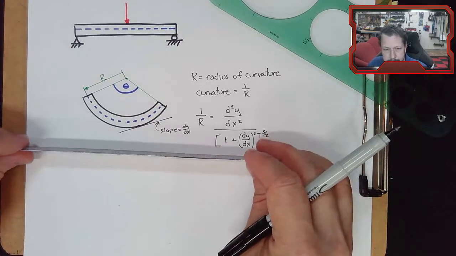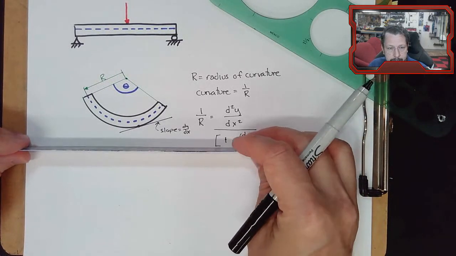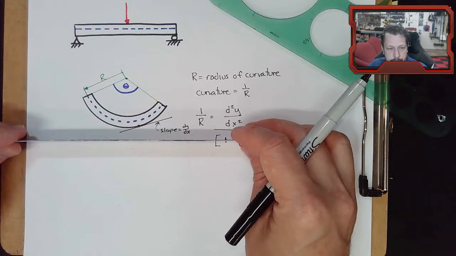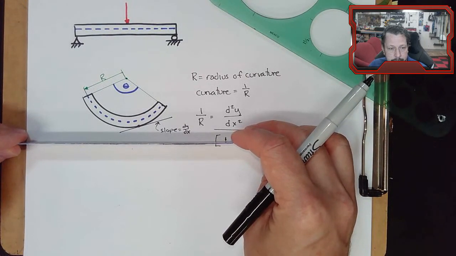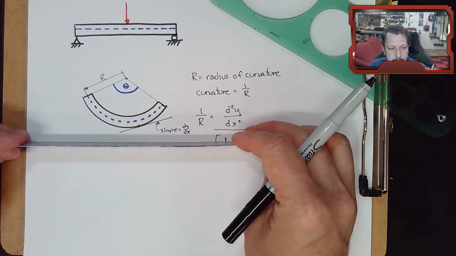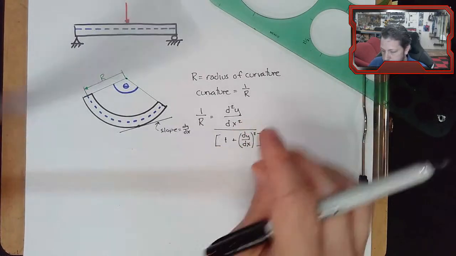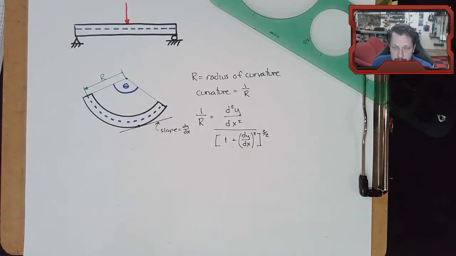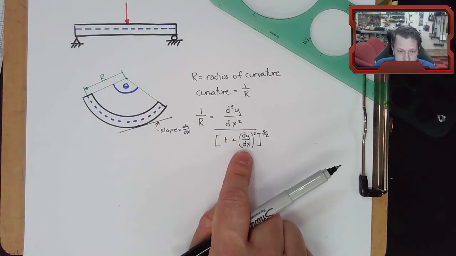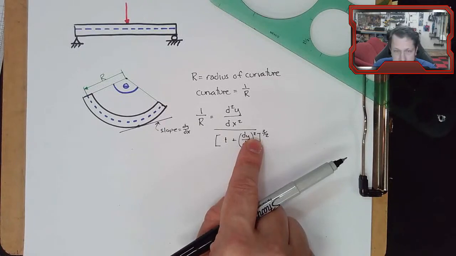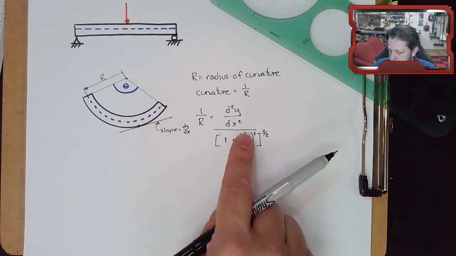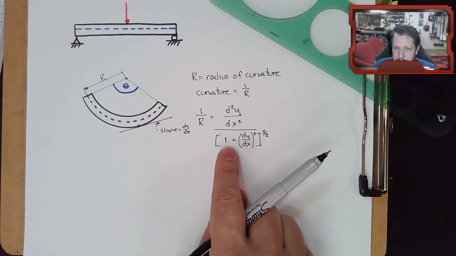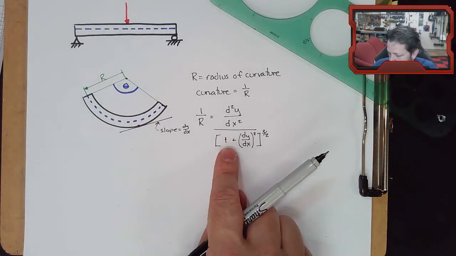If this is your beam, it might have gone from perfectly flat to a little bit deformed. I'm doing this, but not much. So that slope is very small. If I put a very small number here, square it so it gets even smaller, and add it to 1, this term is pretty much 1 point, a bunch of zeros and some numbers.